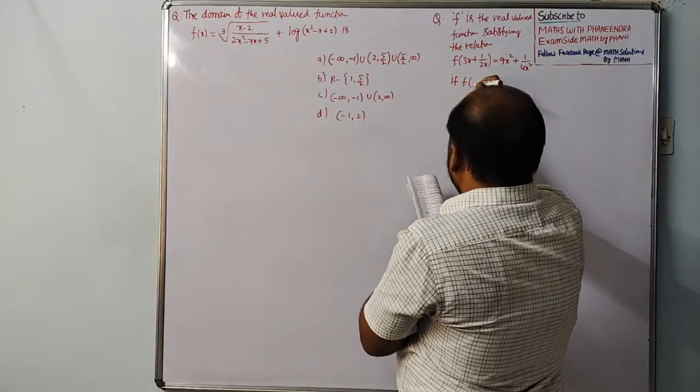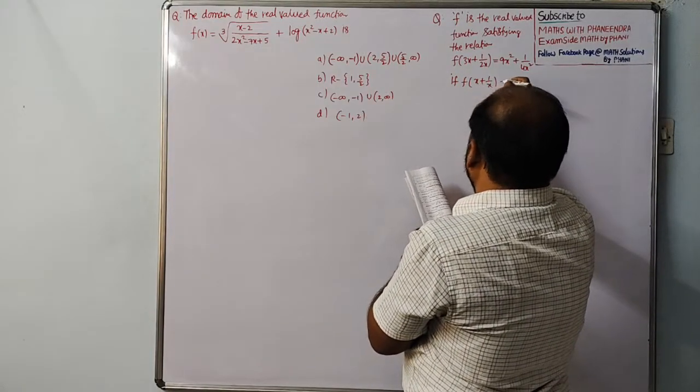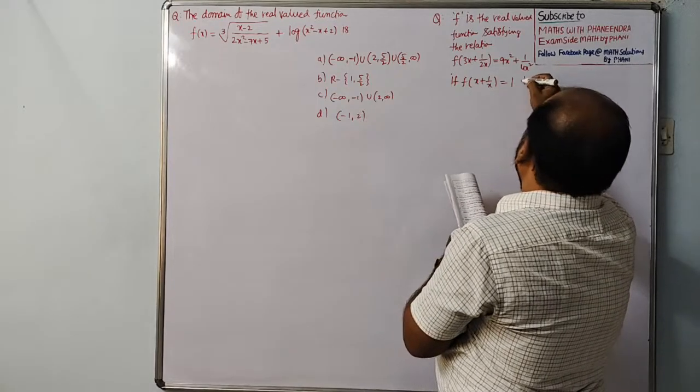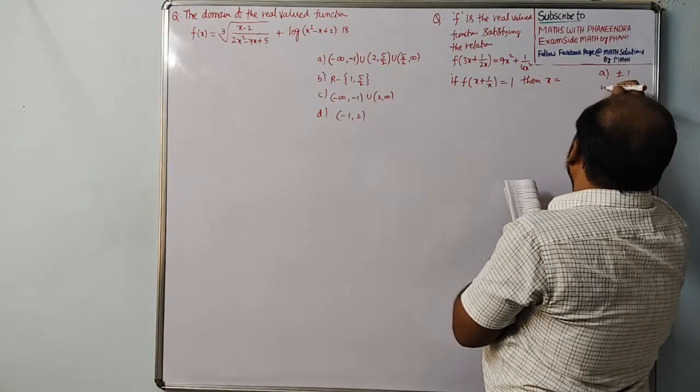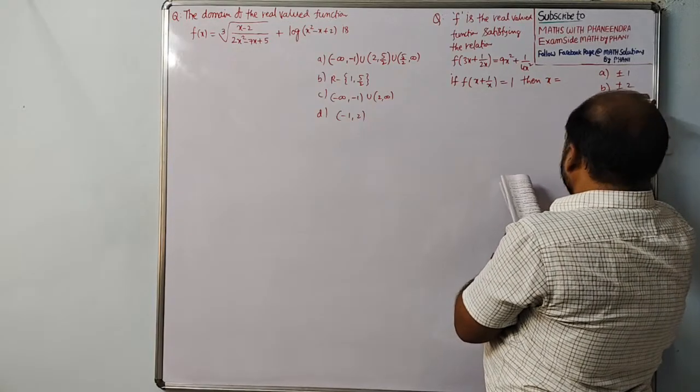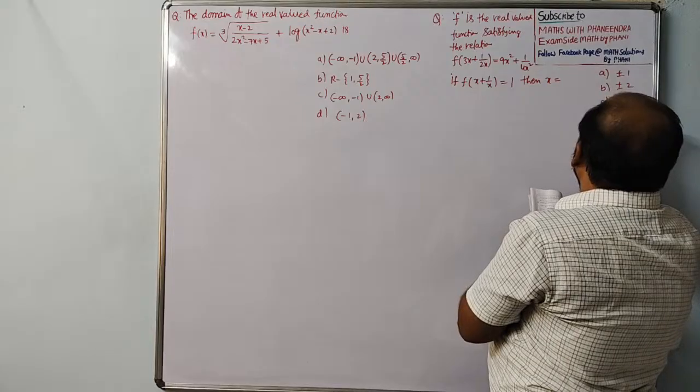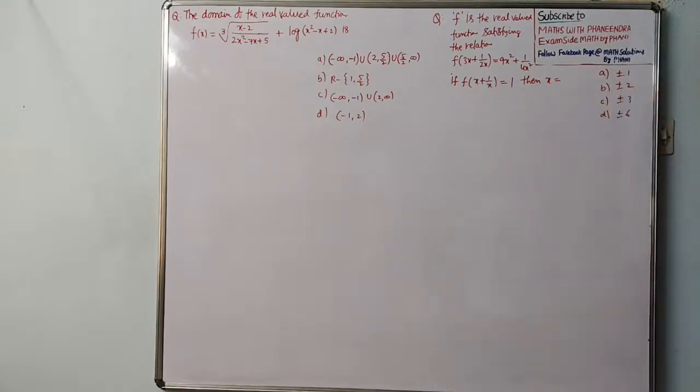If f of (x plus 1 by x) equal to 1, then x is equal to, so options: plus or minus 1, plus or minus 2, plus or minus 3, plus or minus 6. These are the options they provided. So any guessing answers?